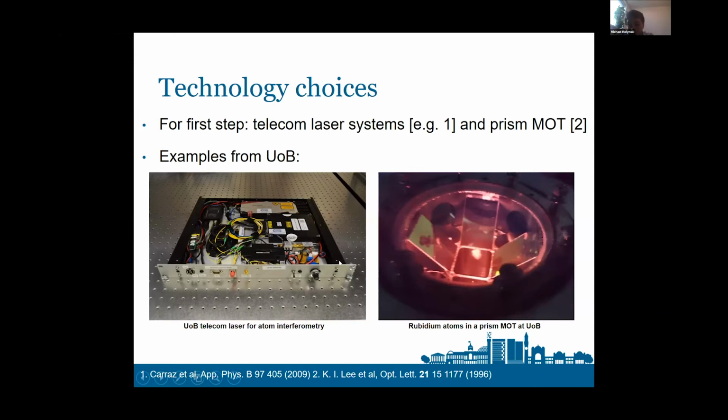Now, these actually have some good synergy, because one of the real problems that you have with telecom lasers is that although everything's nicely stable because it's in fiber, it's very subject to polarization changes because of the vibration or thermal changes in the environment.